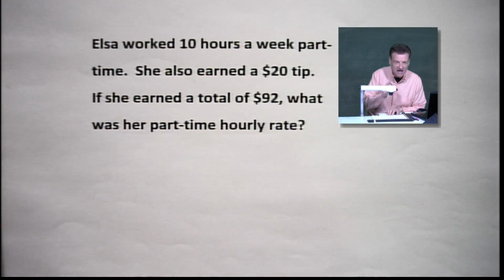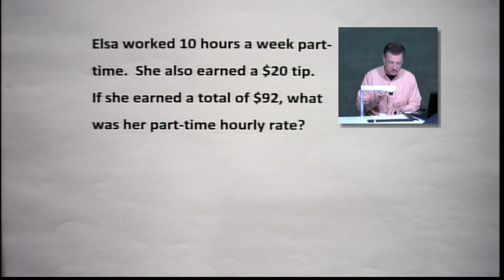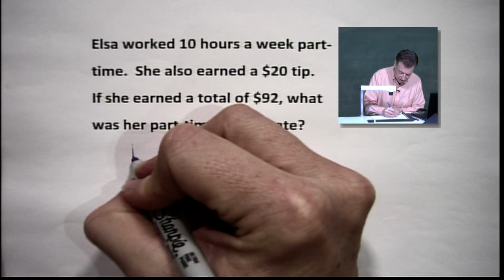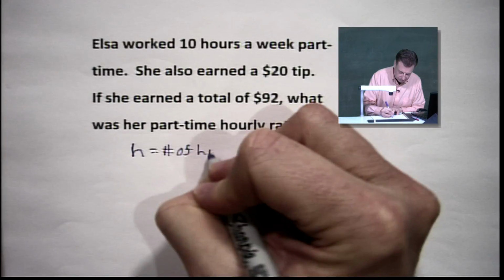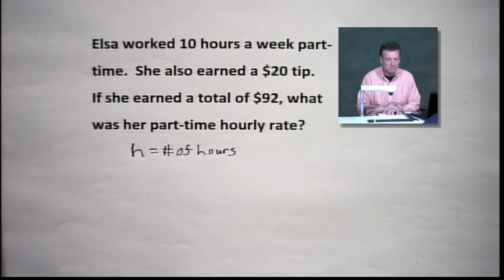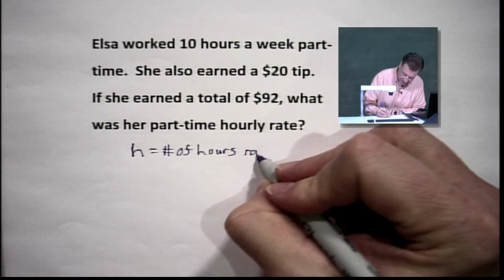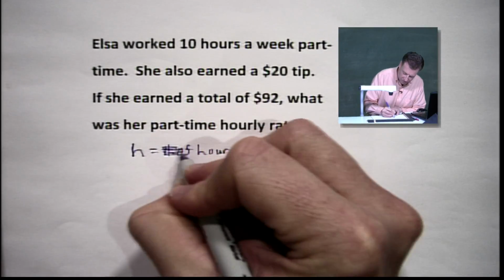First of all, we need to define a variable. That's the first thing whenever we do these problems. We're going to call this H. Why not? H equals the hourly rate. We already know how many hours she worked, didn't we?